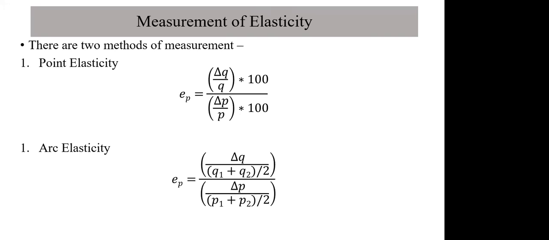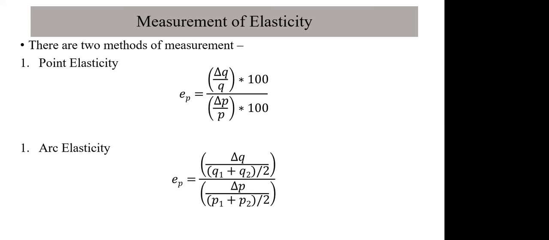It may happen that while taking 100, we may get a value less than 1, and while taking 50, we'll get a value more than 1, because it can happen both ways. Like previously it was 100, now it became 50, or previously it was 50, now it became 100.